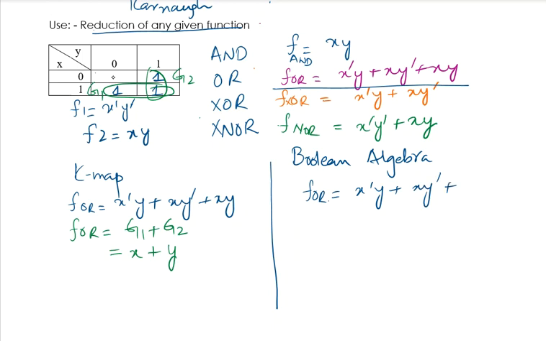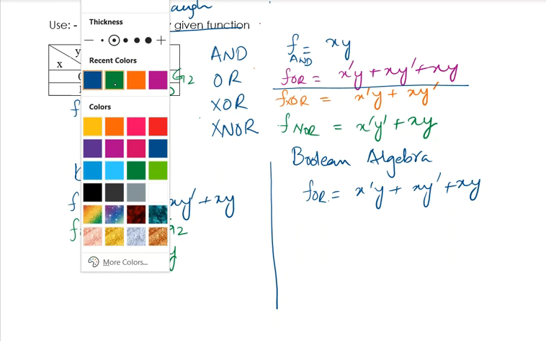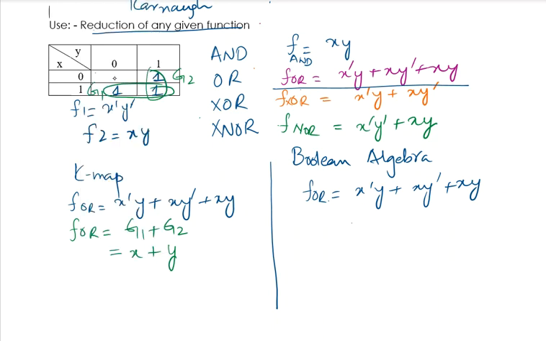So I have written the OR function. Now using the Boolean postulate, combine the terms which have at least one input in common. So we could combine x here. x is taken as common and we are left with y plus y dash.